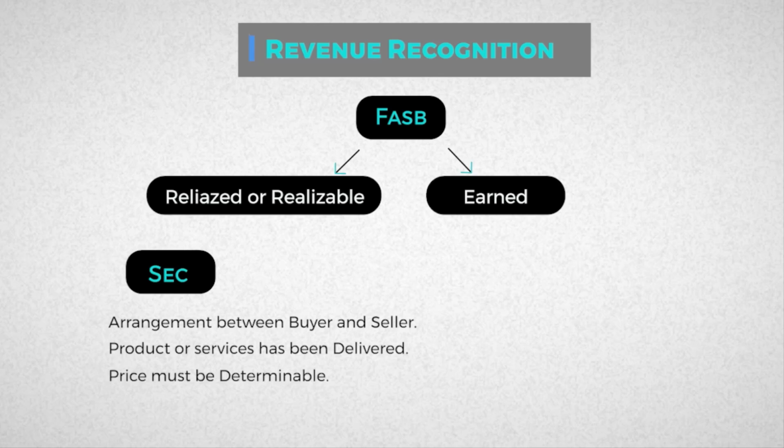And number four is that you must be reasonably sure of collecting money. So if these four conditions are met in addition to the two, then you can go about recognizing revenue in the income statement.